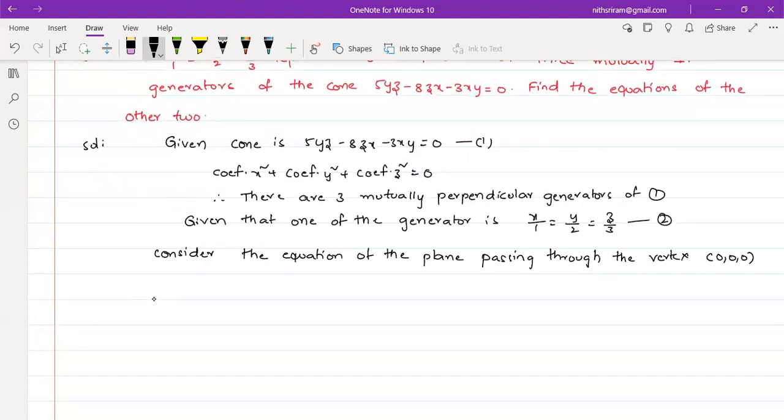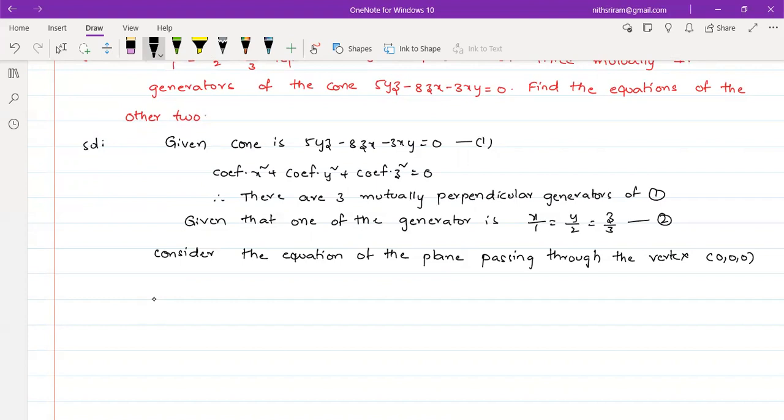Since the given generator line, equation 2, is one of the generators of the given cone, and a generator is nothing but the line equation, clearly the point on this line is 0 comma 0 comma 0. So we can treat that as the vertex of the cone.